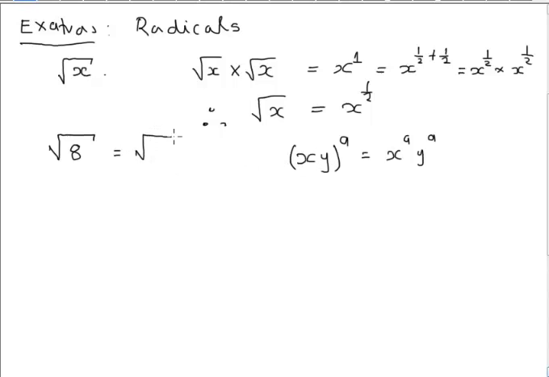This is 4 times 2. Then I remember the radical is an exponent which is what? Rational. So which means now I can say square root of 4 times square root of 2. What am I doing there? I'm just doing this, and my powers are half. But I know that square root of 4 is 2.